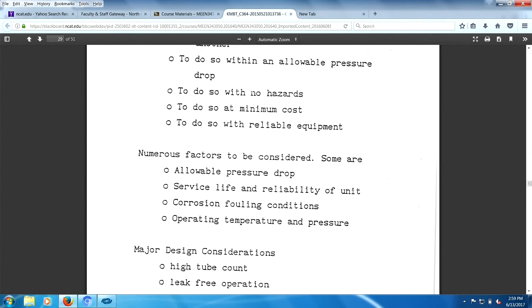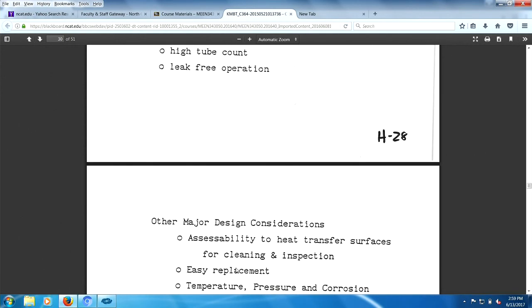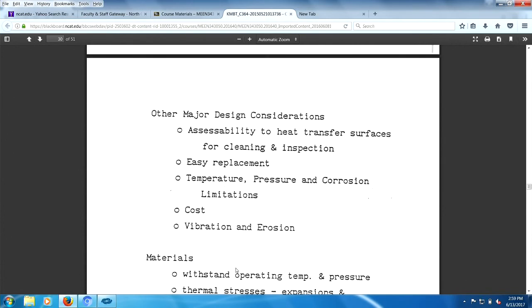You want high tube count because that gives you a large heat transfer coefficient. You want leak-free operation. You want accessibility of the heat transfer surfaces. You want access so you can see what they look like and so you can clean them. You also want easy replacement of the tube bundle.